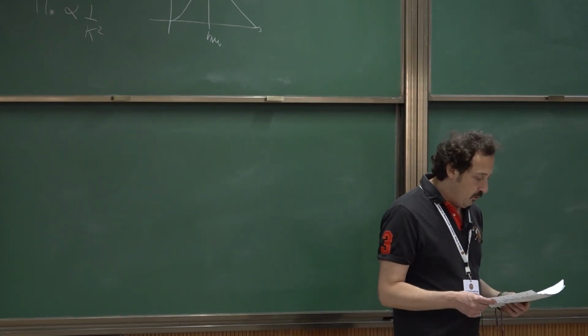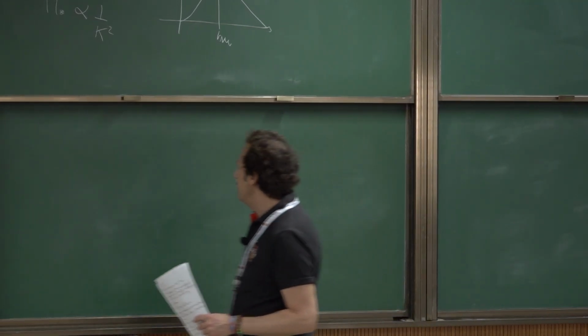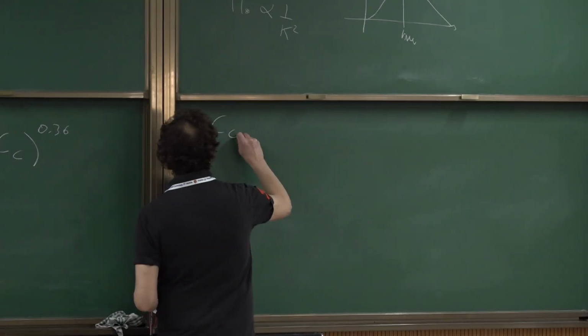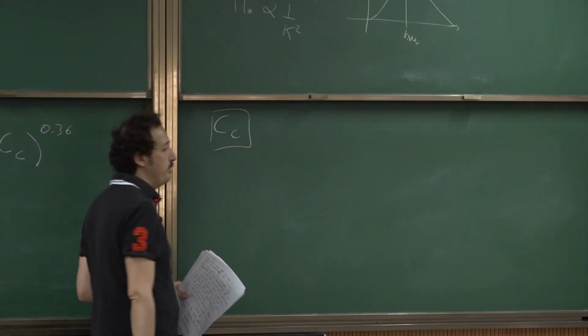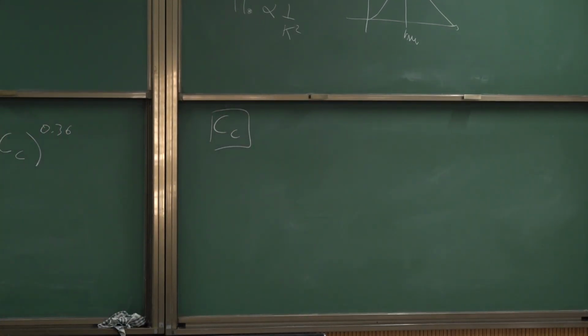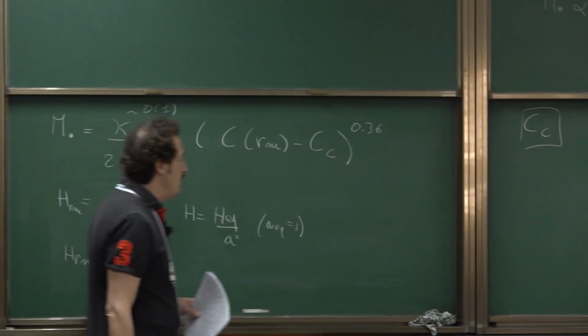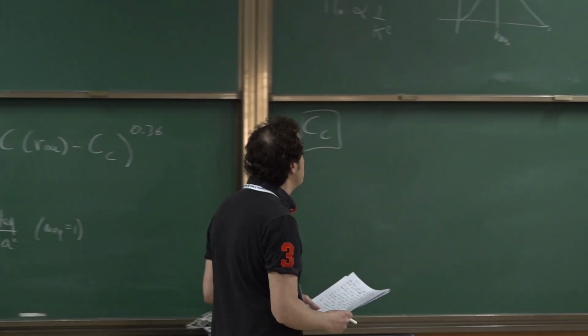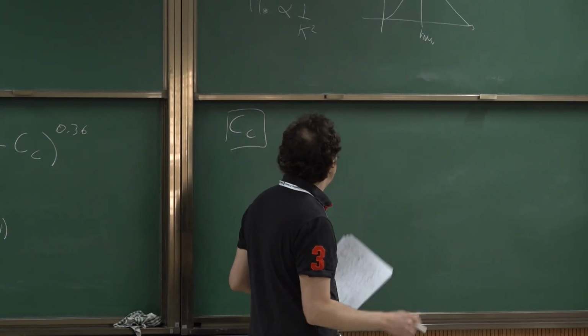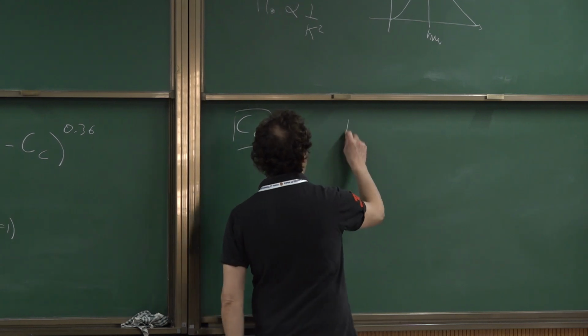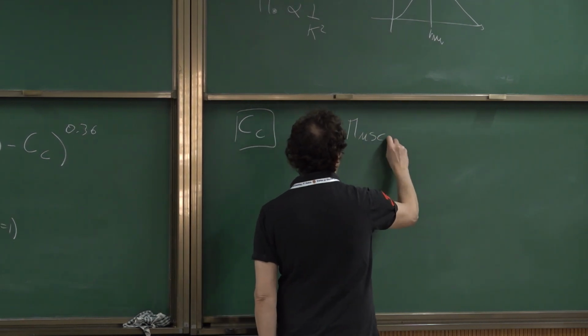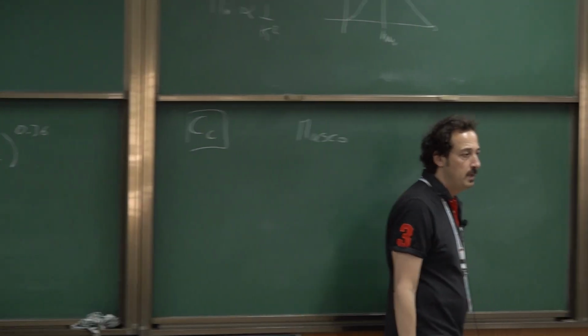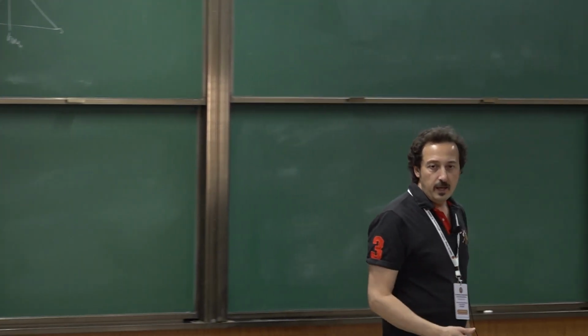Okay, so now what we want to find, as we said, is this critical value of the compaction function. And as I said, if you do the simulation, the person that did all these simulations for all his life was Musco. There are several papers of him, you can see in the archive.